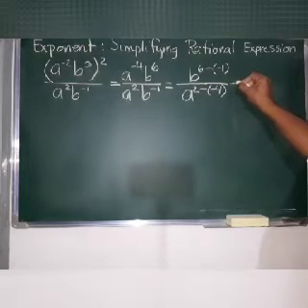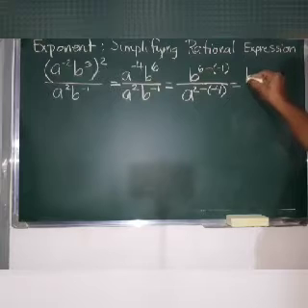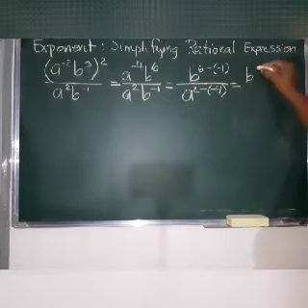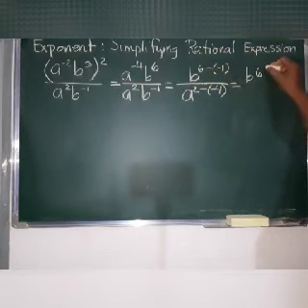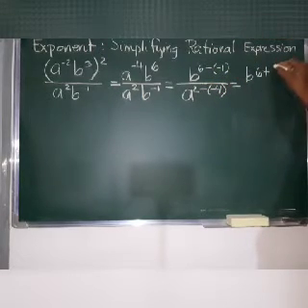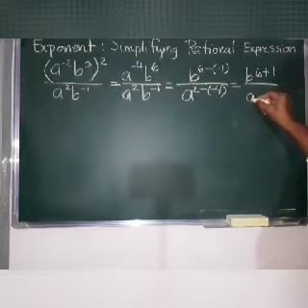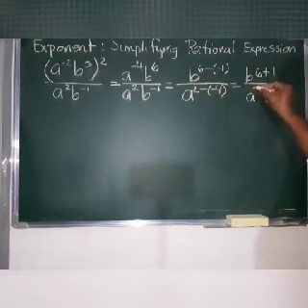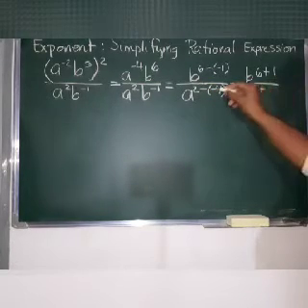Okay, so next, simplify na natin, copy the base, so b, and then copy 6. Next, negative times negative, positive, and then copy 1, all over, copy si a, copy si exponent na 2, and then negative times negative, positive, and then copy 4.